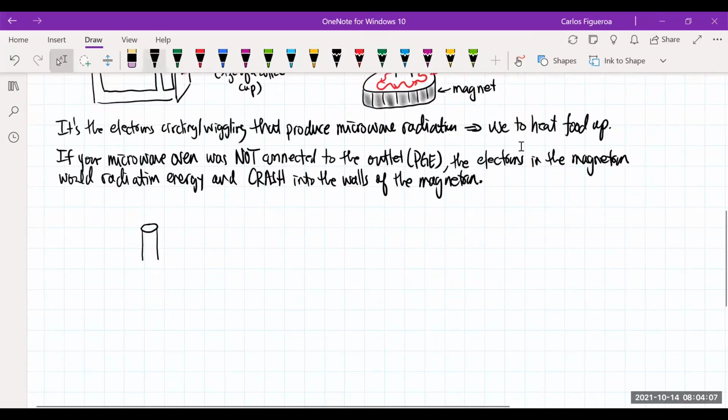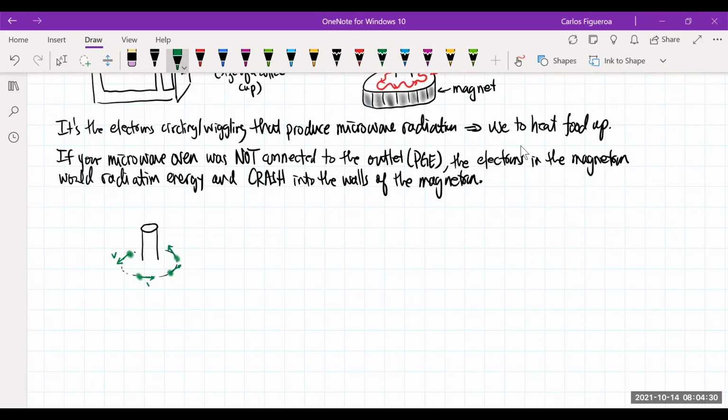So what you're seeing here is that the electrons in the magnetron are going around in a circle. I look at these electrons at different places, and the only reason I'm doing that is just to remind you that these guys are changing velocity.